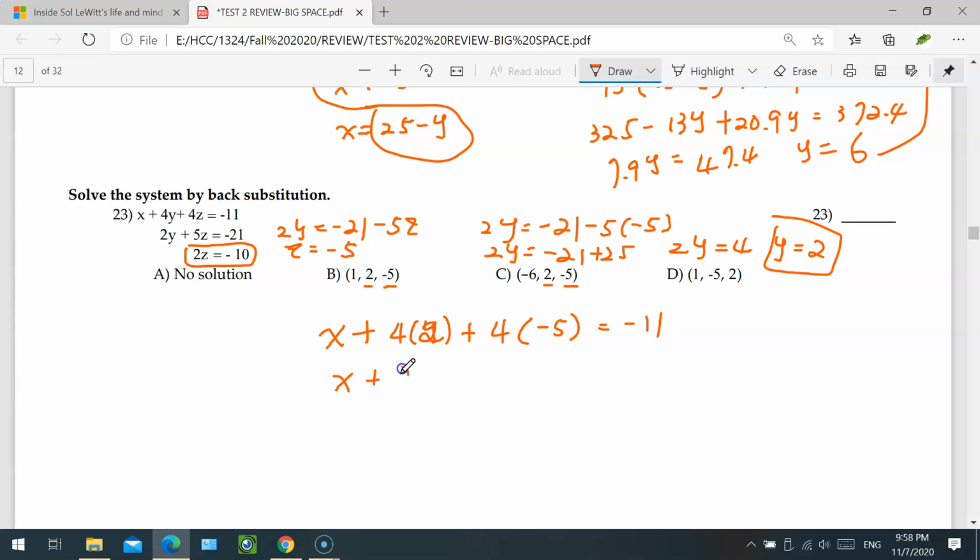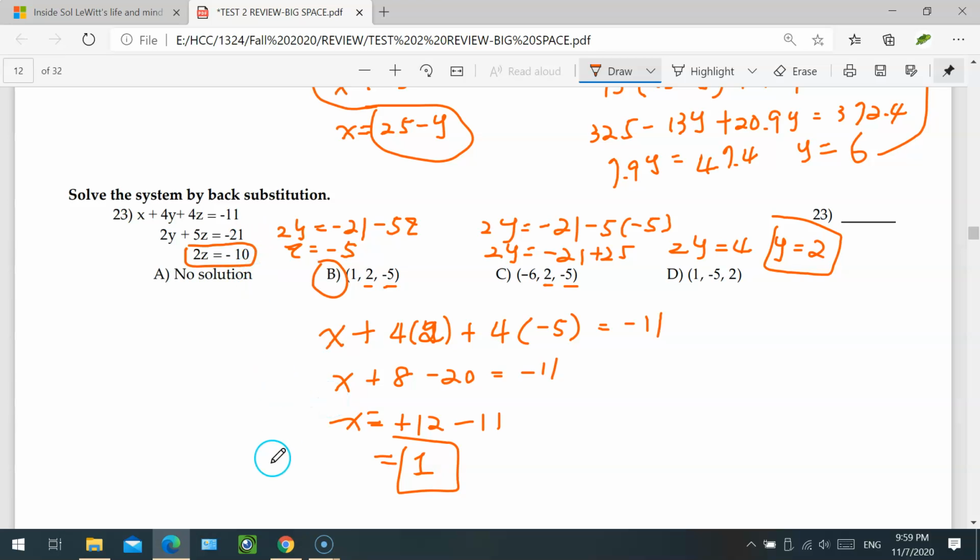So x plus 8 minus 20 equal negative 11. So x equal negative 12, positive 12, right? x equals positive 12 minus 11. So x equal 1. So we should go with answer choice B.